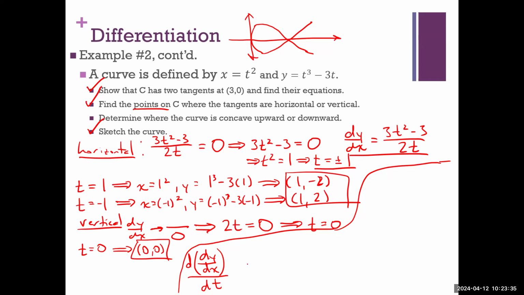So I have to observe the chain rule to do that. The first thing I have to do here is take the derivative of dy/dx with respect to x. I don't have enough space to do this.